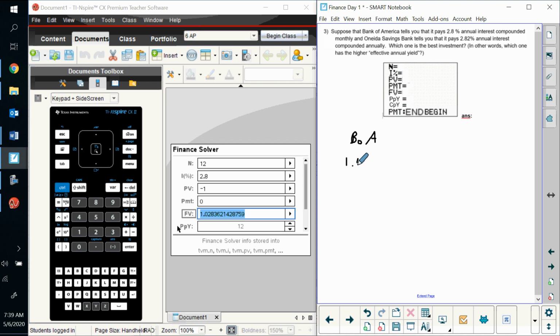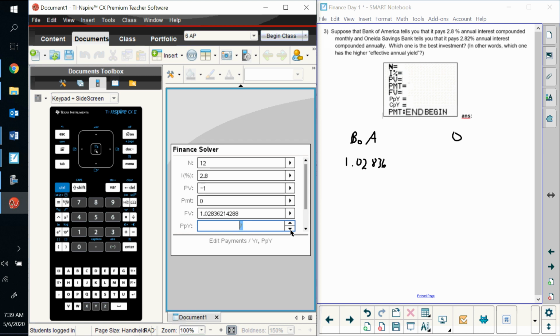we get 1.02836. So investing $1 there after a year will essentially give us that. Now in your work, because we're going to end up doing two of these, you can just list the ones for Bank of America here, and then maybe list the Oneida ones over there. So the thing that we have to change for the Oneida is we're doing annually now, so we want this to go down to 1. So how many compounds are there in the year?